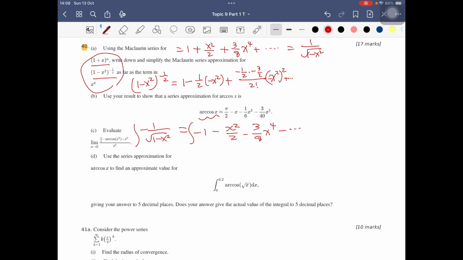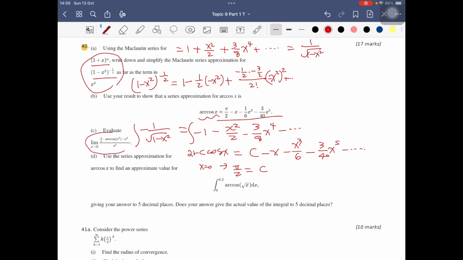When I integrate both sides, the left side comes arc cos x equals c minus x cubed over 6 minus 3 over 40 x to the power of 5, and so on. But when x equals 0, arc cos is pi over 2. So pi over 2 is c. That's why it becomes like this, because cos pi over 2 equals 0.